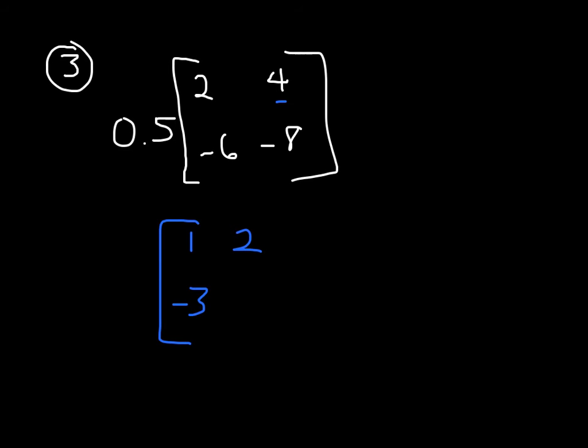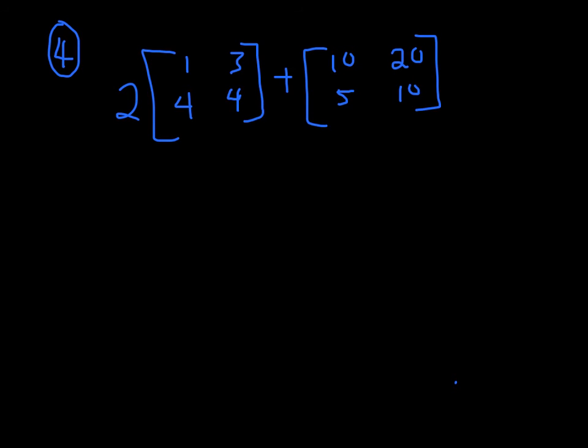And then half of negative 8 is negative 4. So when you multiply, your answer is 1, 2, negative 3, negative 4. That turned out nice.